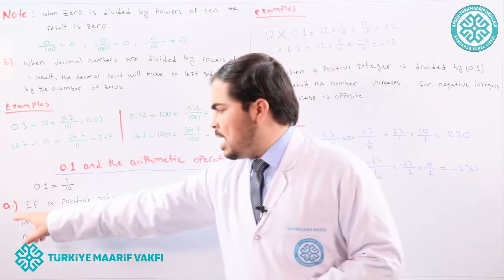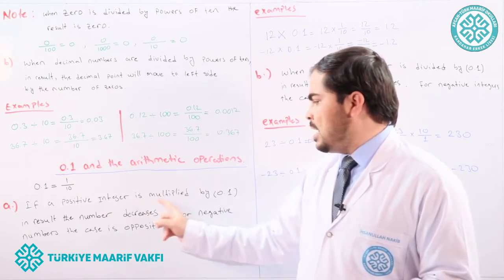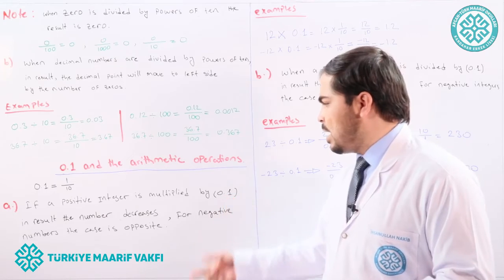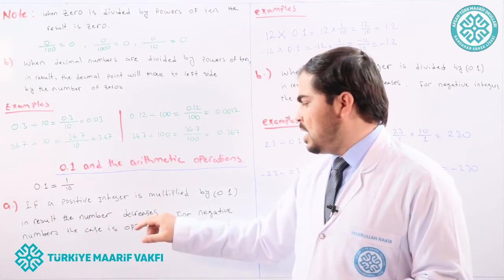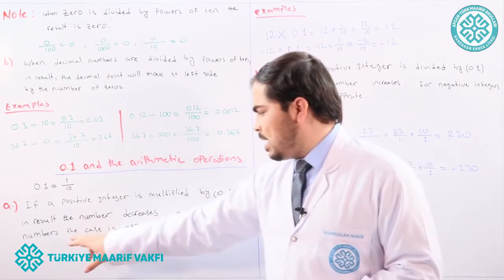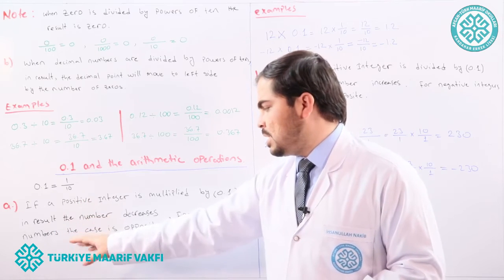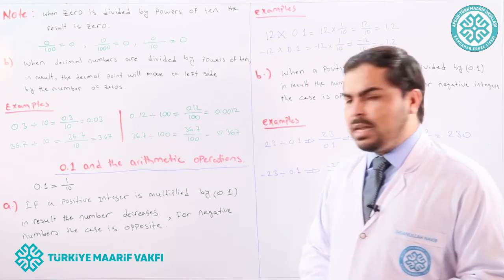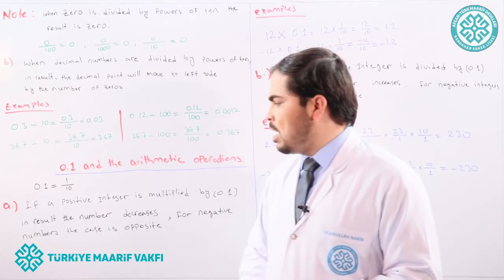In the first case, A: if a positive integer is multiplied by 0.1, the number decreases. For negative integers, the case is opposite. Let's analyze this case.